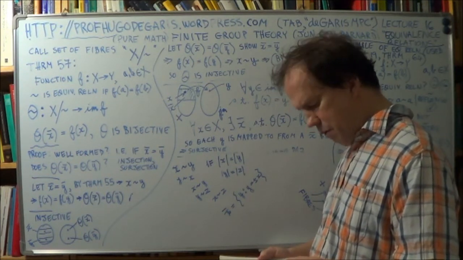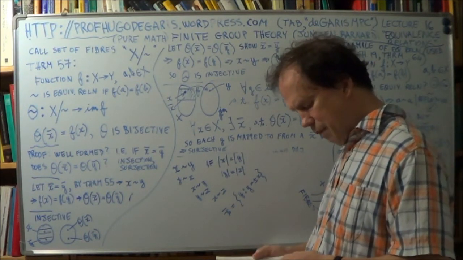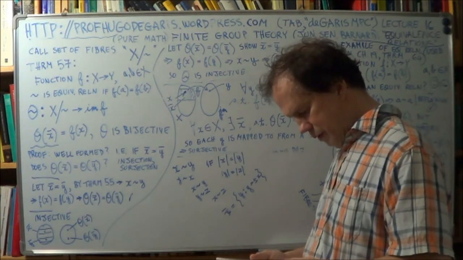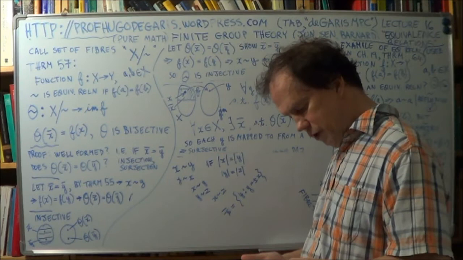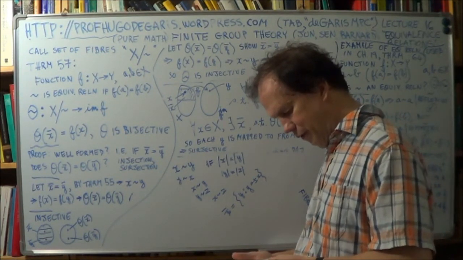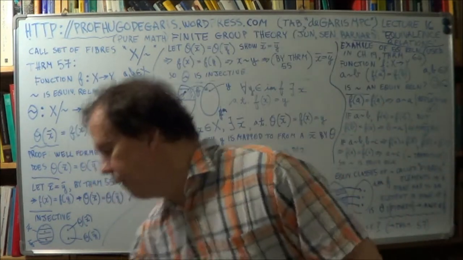Okay, now this time, it's much the same. You decide whether it's an equivalence relation, and again find the equivalence classes if appropriate.